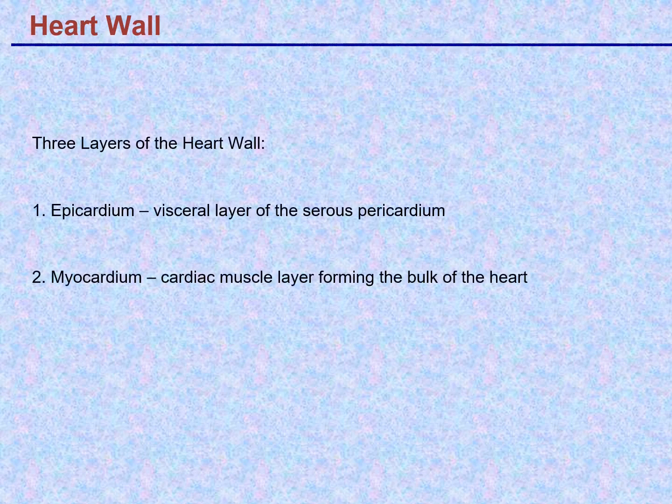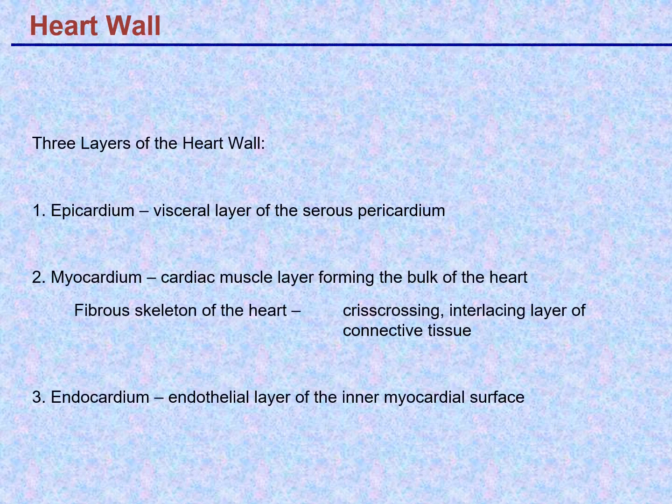Okay, the wall itself, as I've described, has the epicardium, the most outer part, which is the visceral layer of the serous pericardium, the myocardium, which is the cardiac muscle tissue, and the endocardium, an endothelial layer that lines the surface of the myocardium and forms the wall of the chambers.